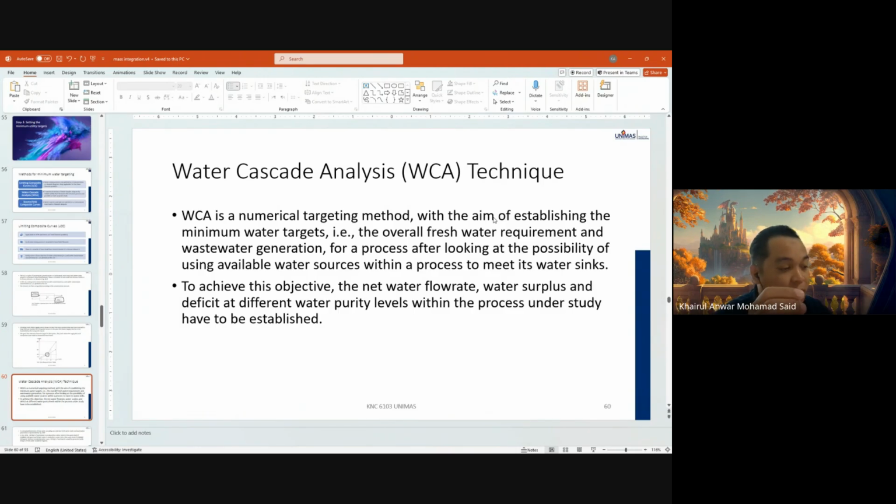By using water cascade analysis, it will reduce the trial and error graphical plotting of water curves and mathematically pinpoint your target and bottleneck instantly. Okay, so what is water cascading?